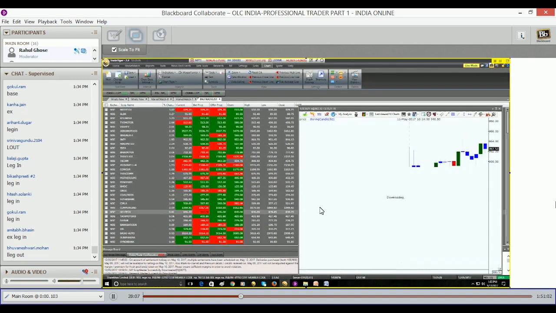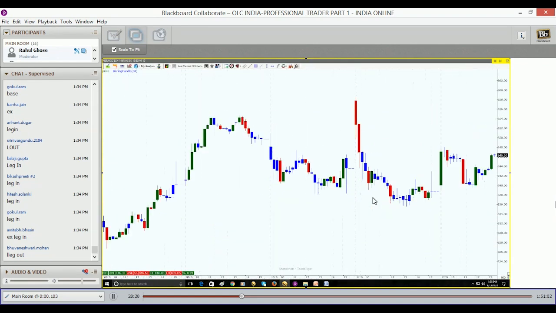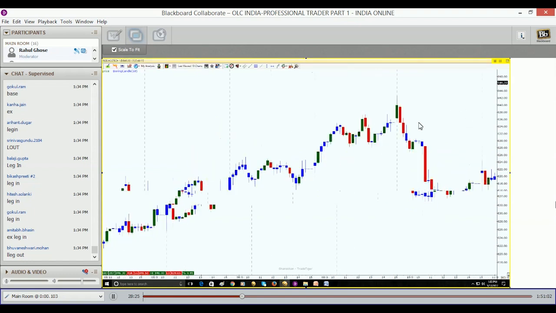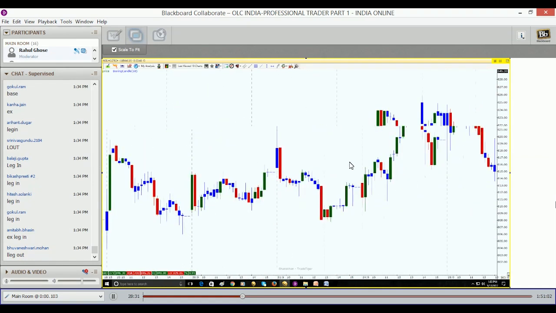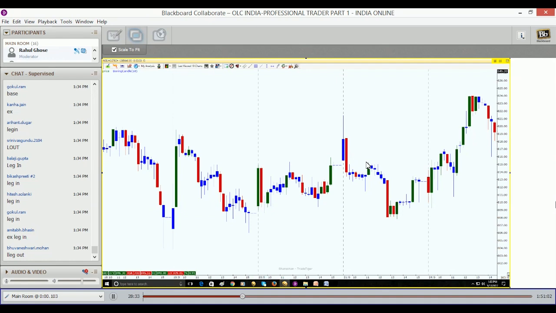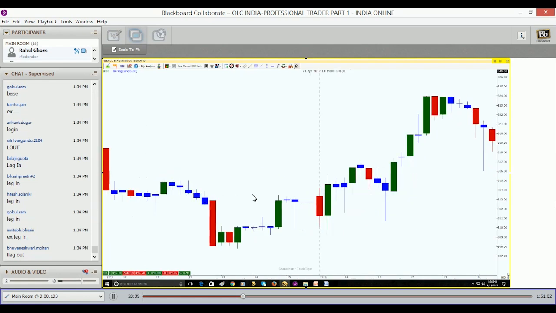Let's go to a little more complicated example. I want to mark my zone on HCL Tech, friends, and let's assume my current market price is 820.